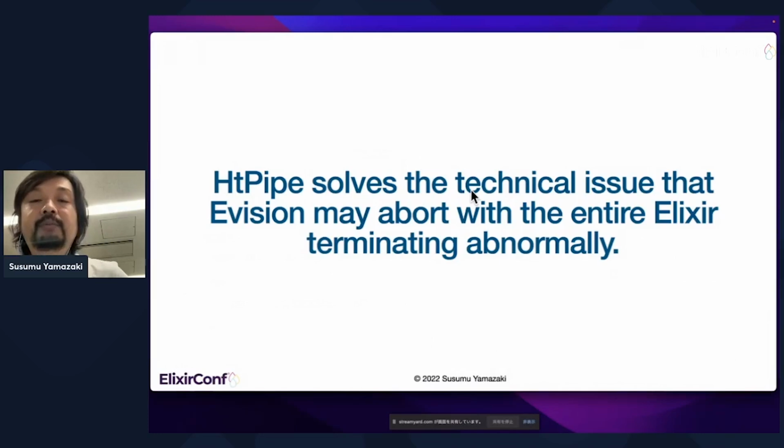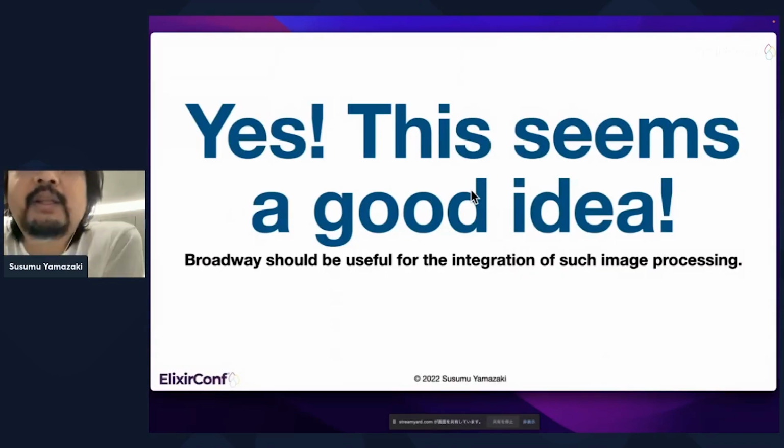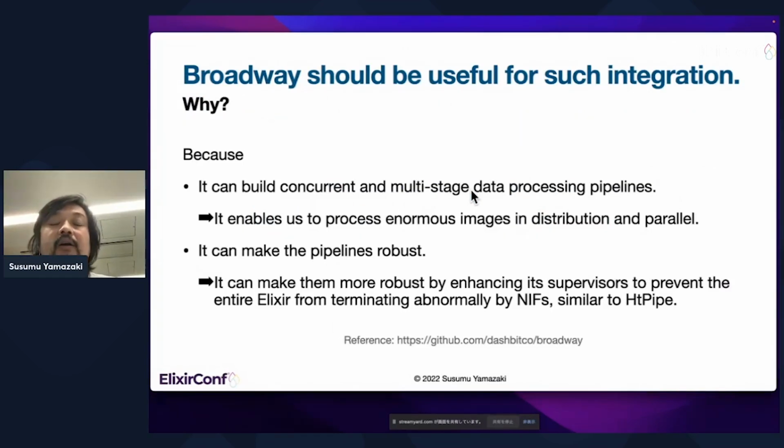HT pipe solves the technical issue that Evision may abort with the entire Elixir terminating abnormally. Then next, discussion towards integration. How about Broadway? Yes, this seems a good idea. Why? Because it can build concurrent and multi-stage data processing pipelines.